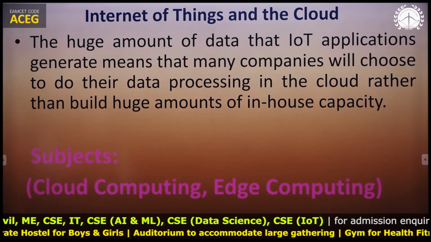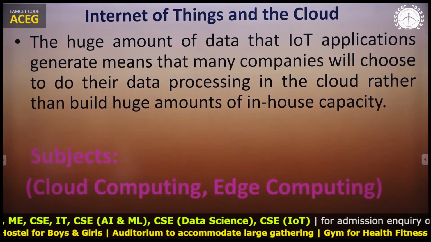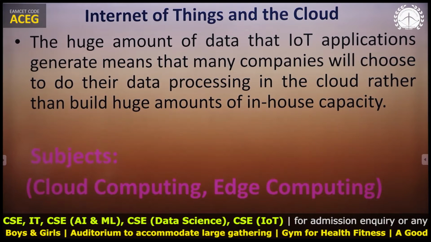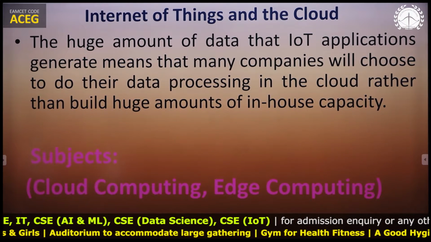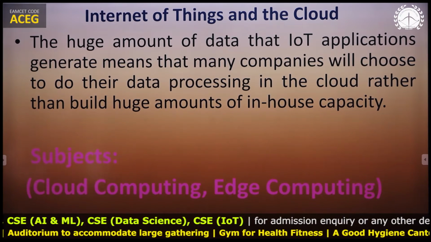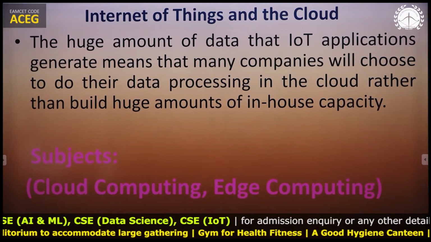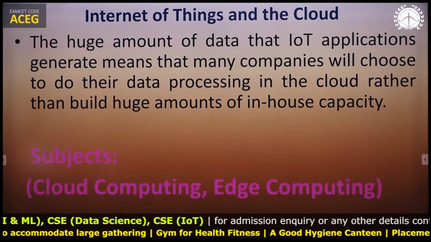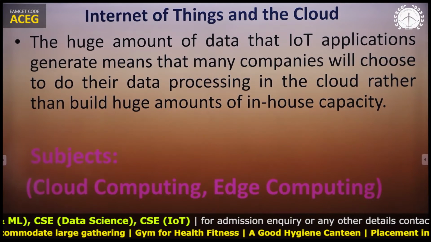Internet of Things and the cloud. The huge amount of data that IoT applications generate means that many companies will choose to do their data processing in the cloud rather than building huge in-house capability. So IoT students are studying cloud computing and edge computing also.